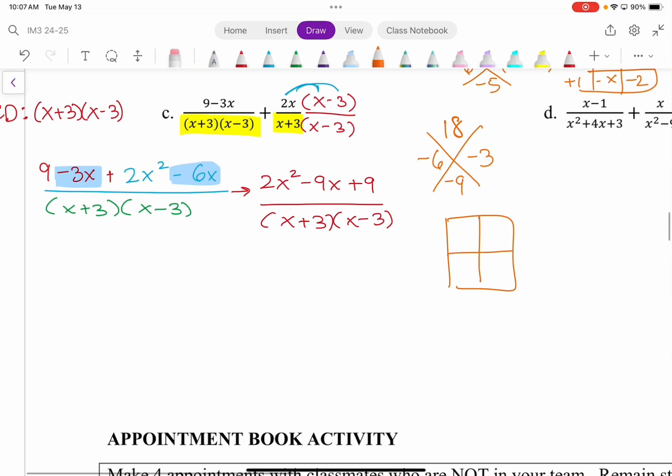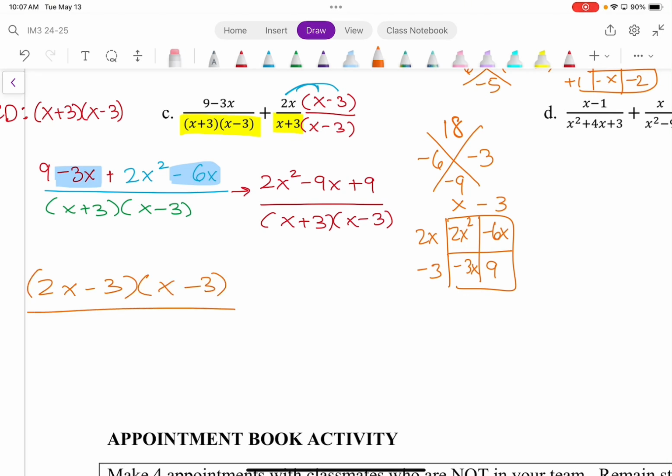We complete our box: 2x squared and 9, negative 6x, and negative 3x. So we'll get 2x minus 3 and x minus 3. So I'm going to write that over here on the side. We'll have 2x minus 3, x minus 3 over x plus 3, x minus 3.